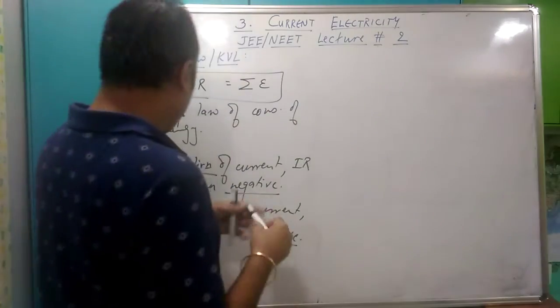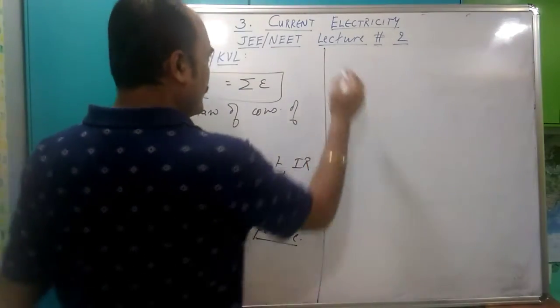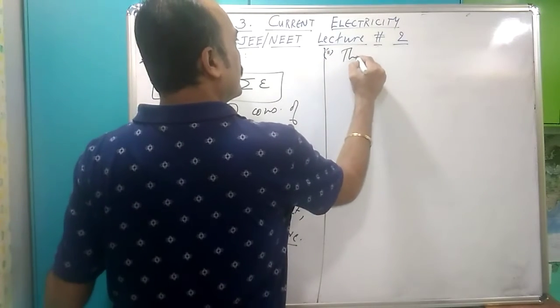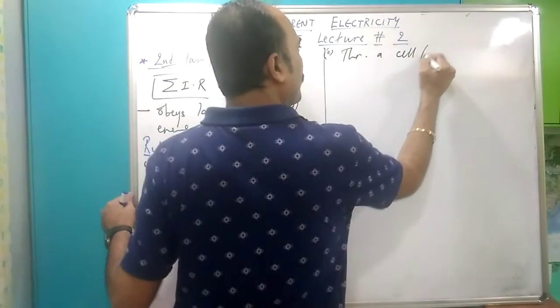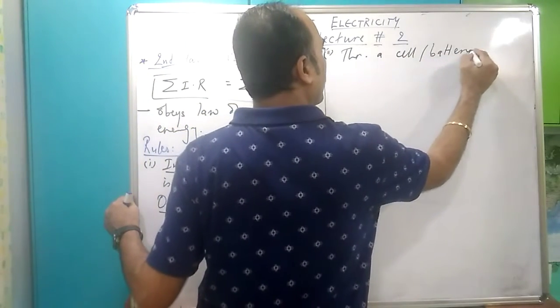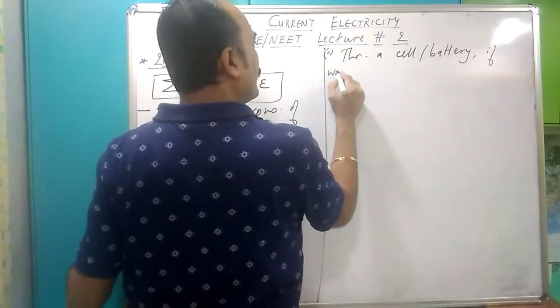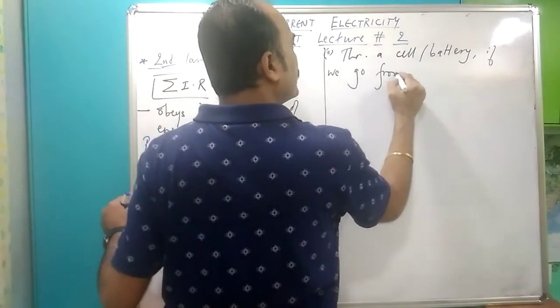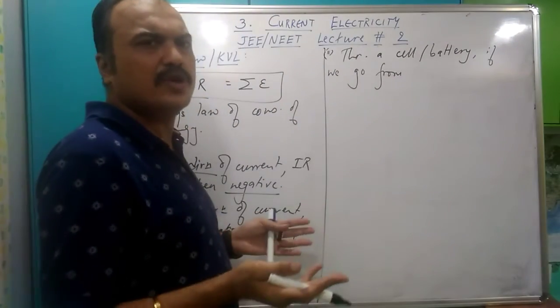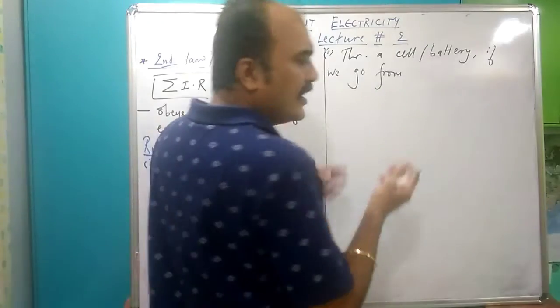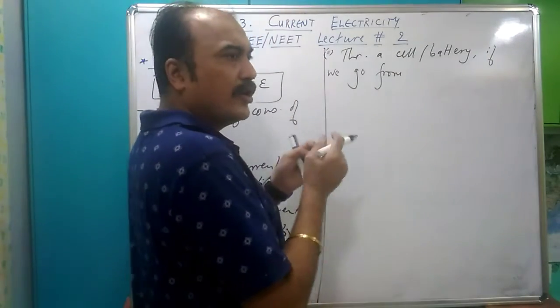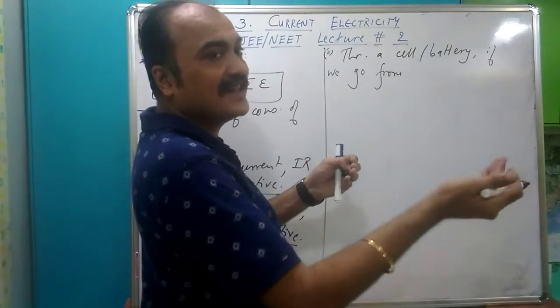Let's find out. If you are going through a cell or battery, here the direction of current does not make any difference. It's only how you are going, whether you are looking at the positive terminal first and then the negative terminal.